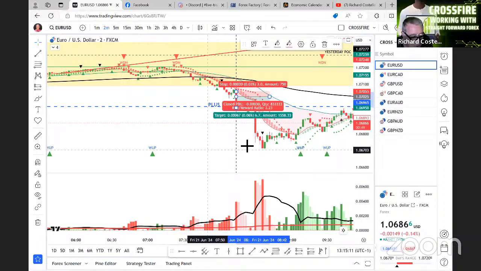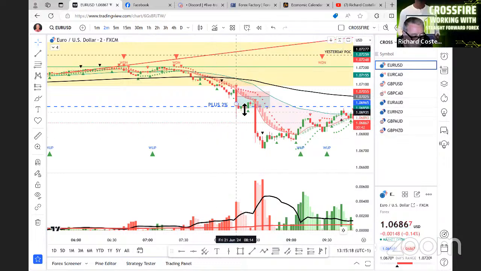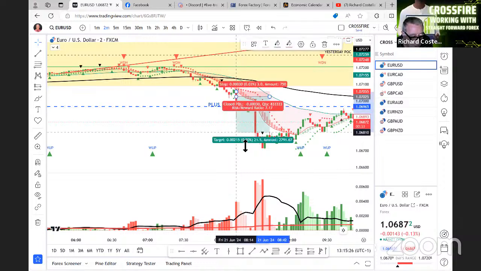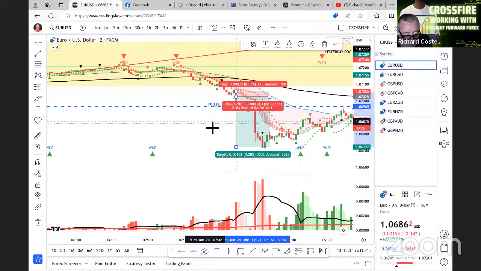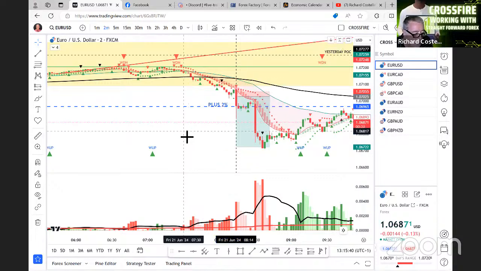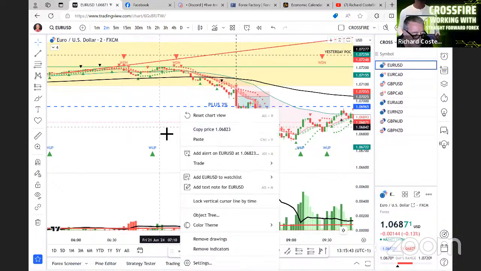So we're looking at risk to reward of just over 1 to 2 there. However, you could have taken your 2% when it reached that point there. If you've been really brave, bearing in mind the news, you might have got as much as 1 to 10 out of that trade. Now I'm just looking at the time, so I'm not going to have time at the minute to look at any more pairs, but I will do it later if we get a chance.